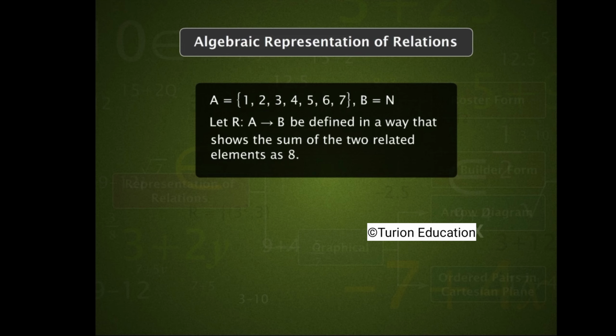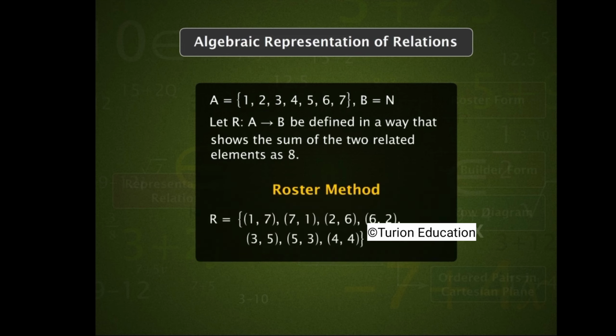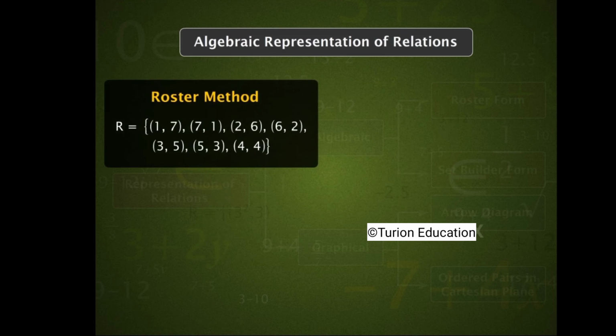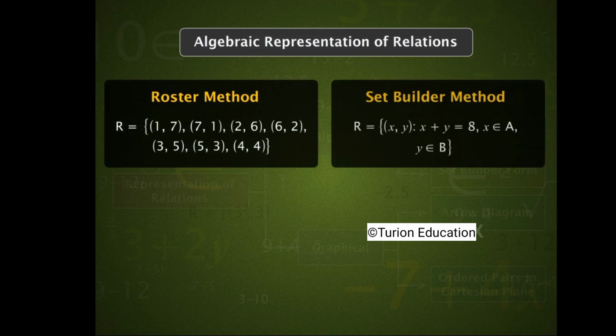We can write this relation using the roster method as the set of ordered pairs (1, 7), (7, 1), (2, 6), (6, 2), (3, 5), (5, 3), (4, 4), and using the set builder method, a set of ordered pairs (x, y) such that x plus y equals 8.